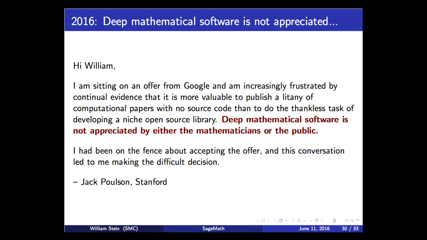But there are a lot of people that write really deep mathematical software and they feel that it's not appreciated by their colleagues, that they're viewed as sort of these weird creatures that make math software, but it's not the same quality as real mathematics. He said, "I've been on the fence about accepting the offer, and this conversation led me to make the difficult decision." So now he works at Google. And that's Jack Paulson from Stanford.